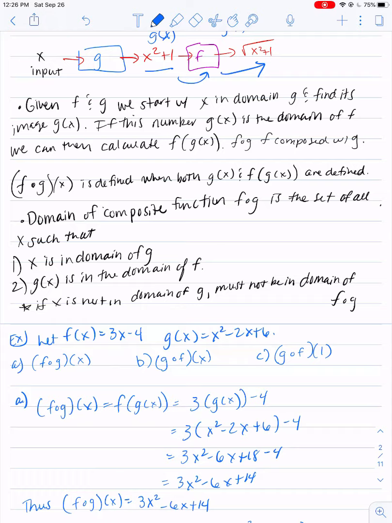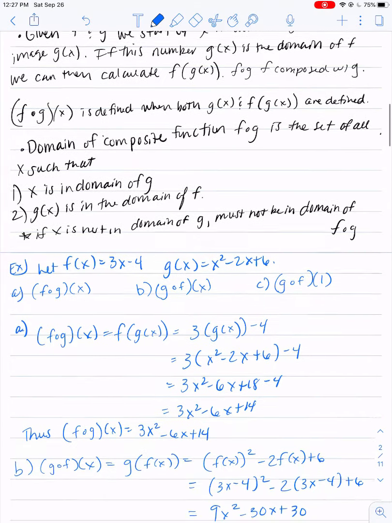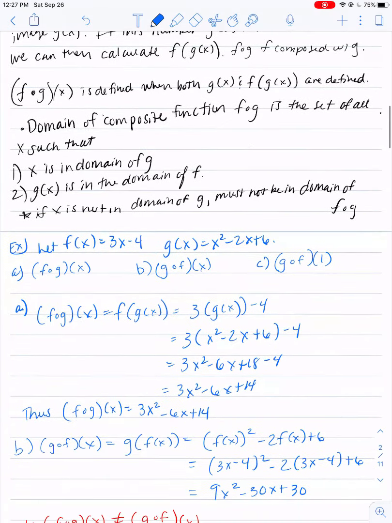So given f of g, we start with x in the domain of g and find its image, or range, g of x. And then if that number, g of x, is in the domain of f, then we can calculate f of g of x. So f of g is f composed with g. Our f composed with g is defined when both g of x and f of g of x are defined.